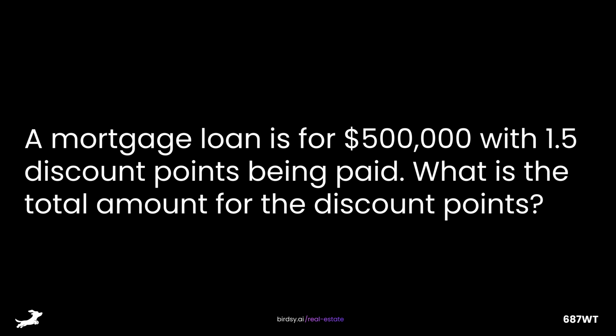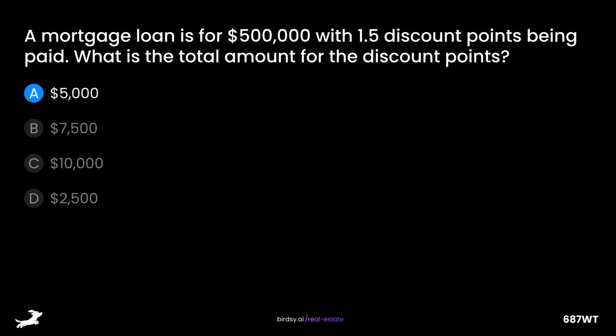A mortgage loan is for $500,000 with 1.5 discount points being paid. What is the total amount for the discount points? Is it A, $5,000, B, $7,500, C, $10,000, or D, $2,500?